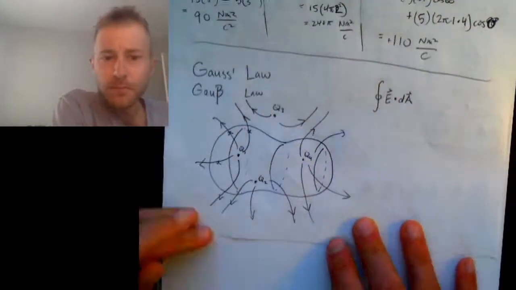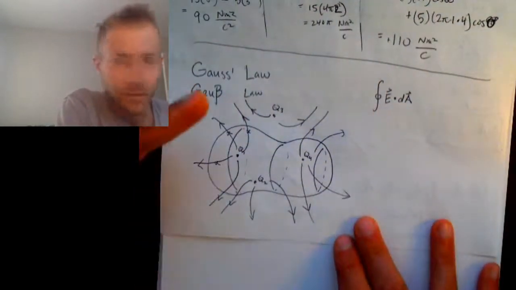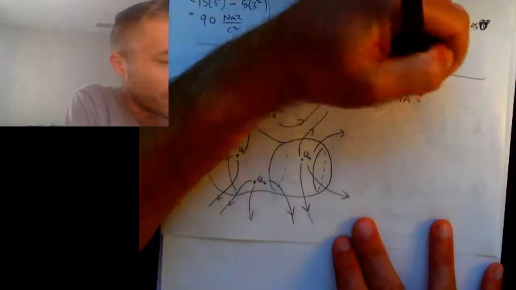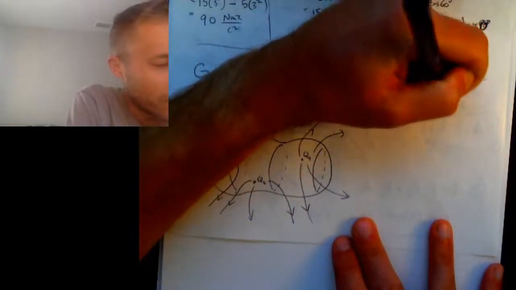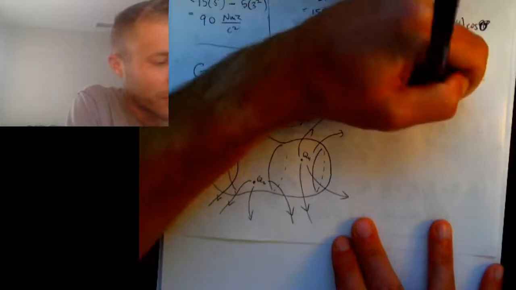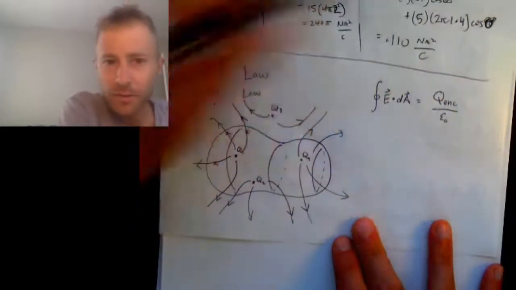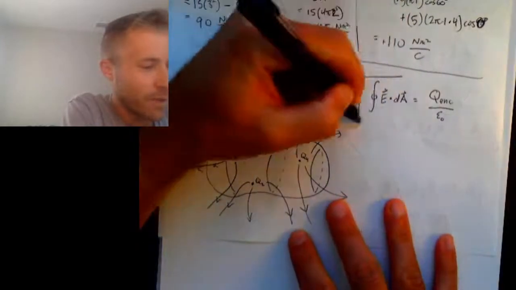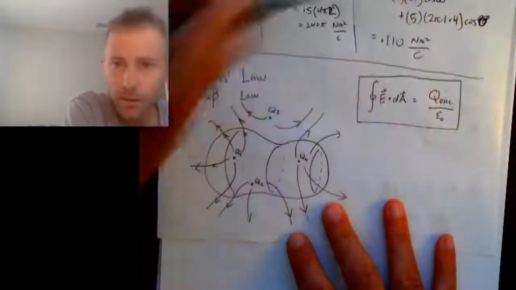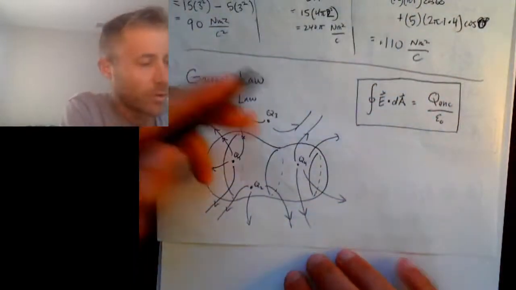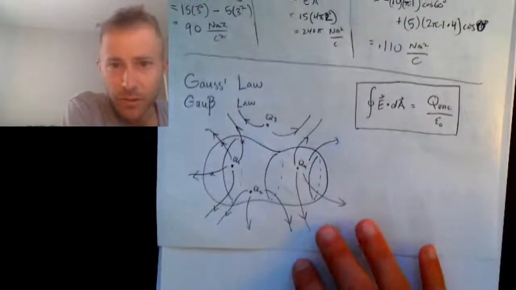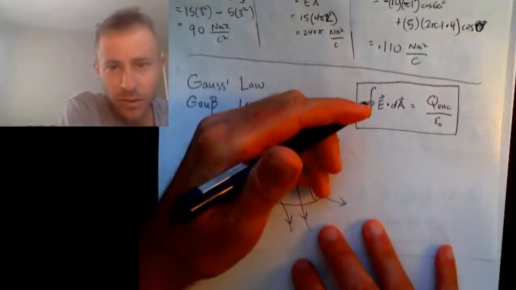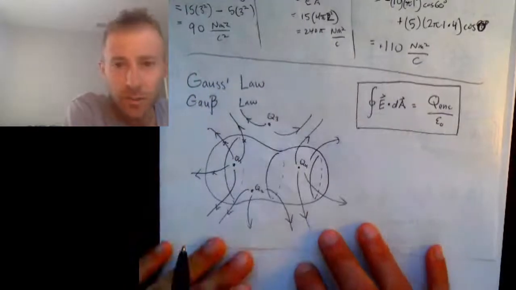And it turns out that it is equal to the charge enclosed by that surface divided by a constant of nature, which is called epsilon naught. So this is called Gauss's law. It relates the flux of the electric field through a closed surface to the charge enclosed by that surface.